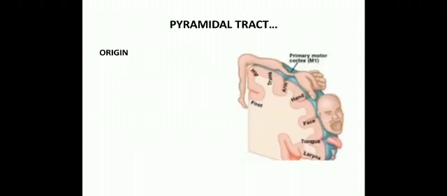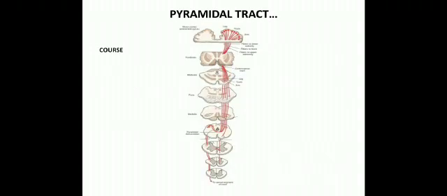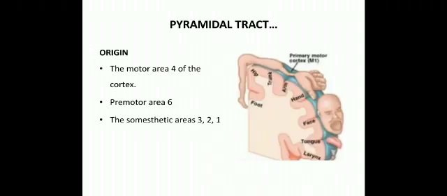The origin: each pyramidal tract contains about 1 million fibers that originate from the motor area 4 of the cortex, the premotor area, area number 6, and also the somesthetic area, areas 3 to 1. When we observe this diagram, we can see the body is represented upside down.